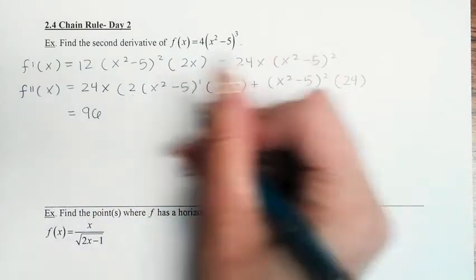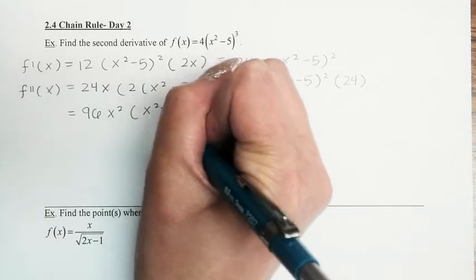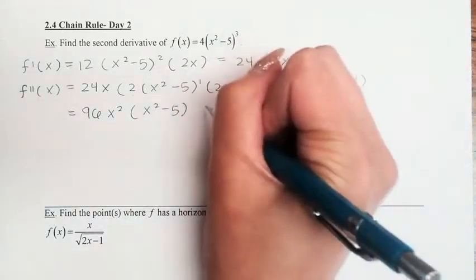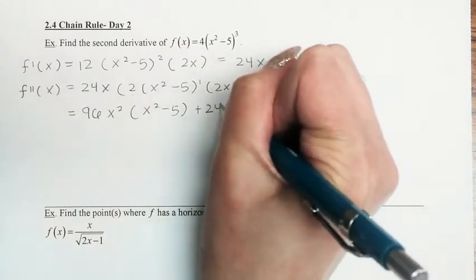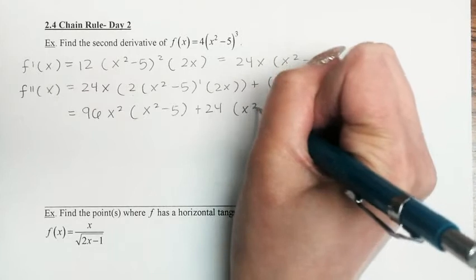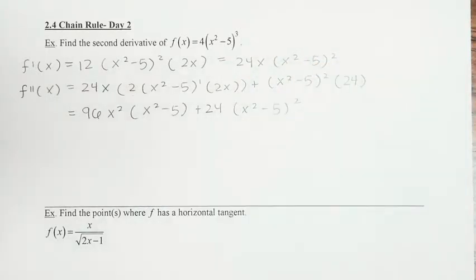And the 2x gives x squared, then you have (x squared minus 5) to the power of 1. On the other side I just have the 24, and then (x squared minus 5) to the power of 2. That's pretty much what we have for this equation. You can simplify it a little bit more, but it's not needed.